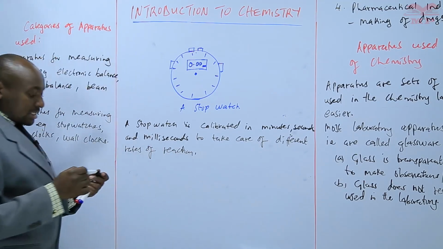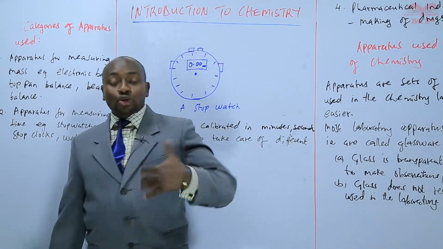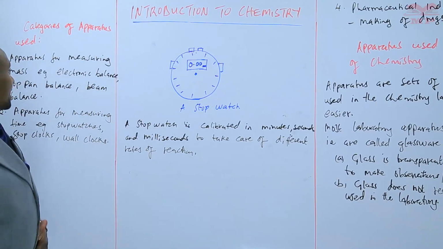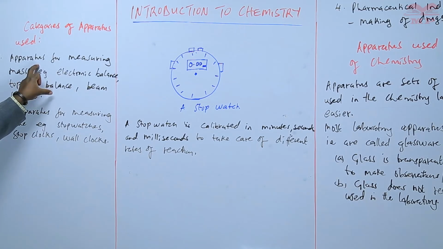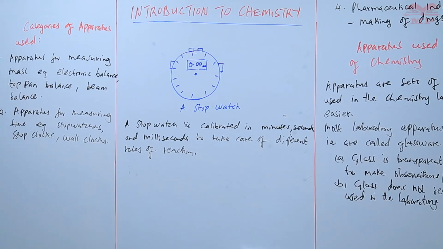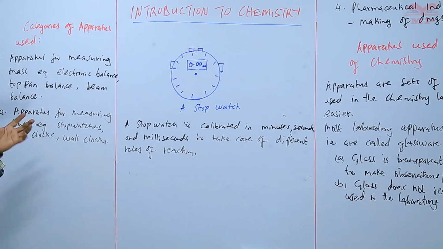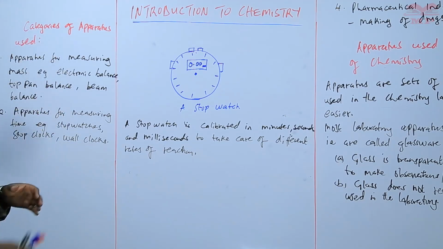There are some reactions that take place faster. There are others that are a bit slow. So a stopwatch caters for all of them. So that's an example of one of the apparatus that is commonly used for measuring time. We have also seen various apparatus that are used to measure mass, and mainly the mass in chemistry is measured in grams because we handle small quantities of substances.